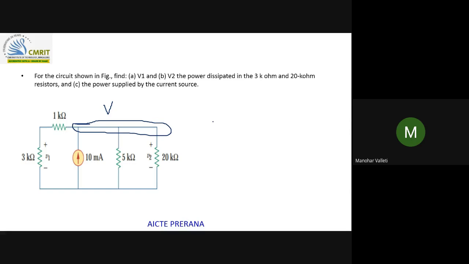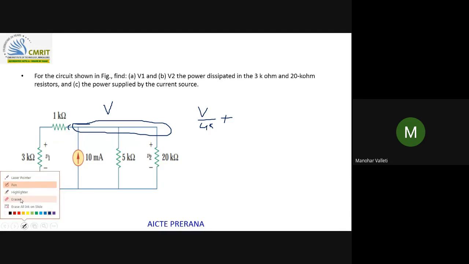What is the nodal equation for this? V by 4K, right? I will assume all the currents are leaving only. So this current is V by 4K. And this current is entering, but I will assume leaving current.